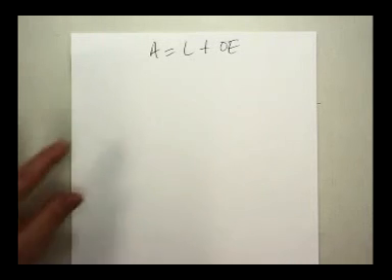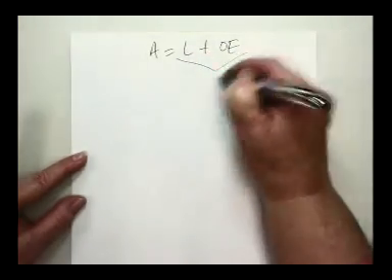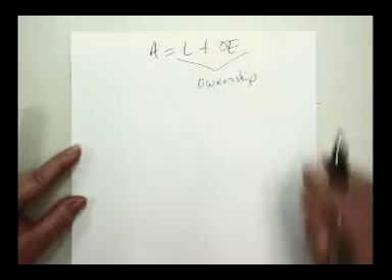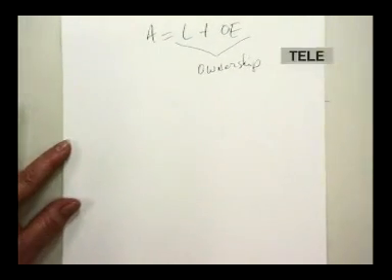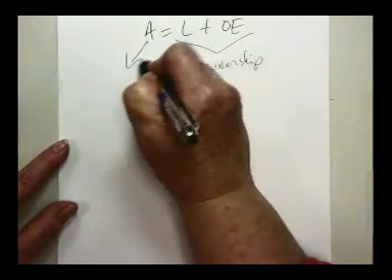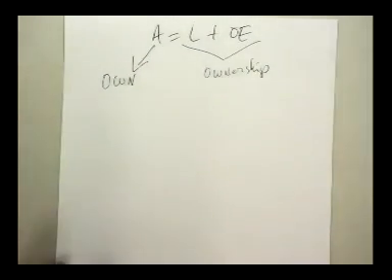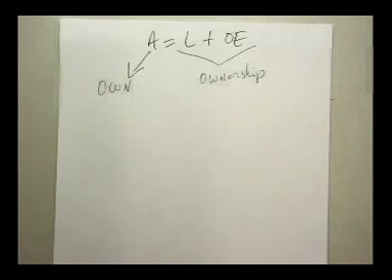Because remember, this side of the equation is ownership. Ownership of the assets. And that's really all this equation is. What do we own? Who owns it? And there's always 2 people that own it. Us, the owners, but first and foremost, the creditors. They're an owner as well.